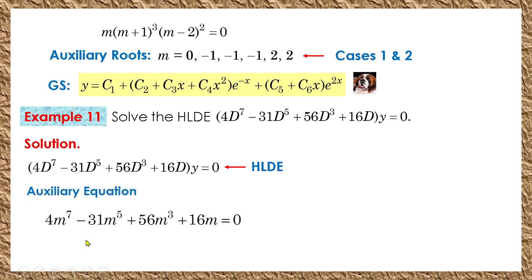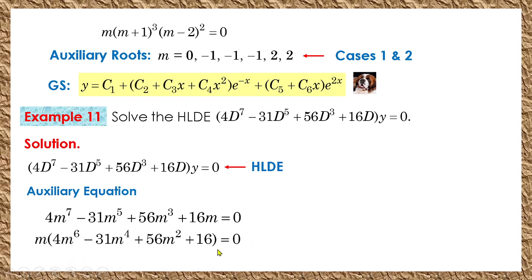Auxiliary equation. 4m to the 7 minus 31m to the 5th plus 56m cubed plus 16m equal to 0. Factoring out m, we get 4m to the 6 minus 31m to the 4th plus 56m squared plus 16, the other factor. Okay? So again, synthetic division.